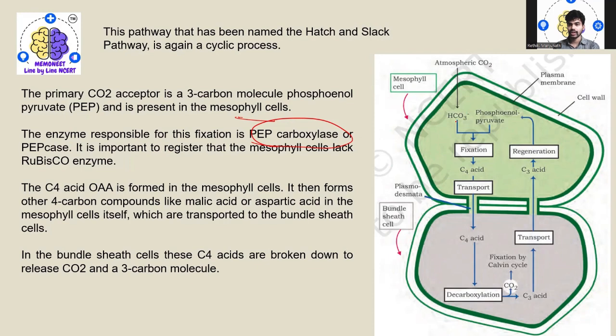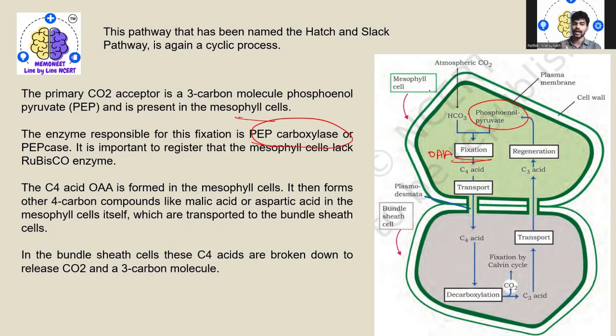As you can see here, this phosphoenol pyruvate, which I was discussing, is the primary CO2 acceptor. So you are observing the fixation of this, where the C4 acid, that is OAA, is formed in the mesophyll cells, right?